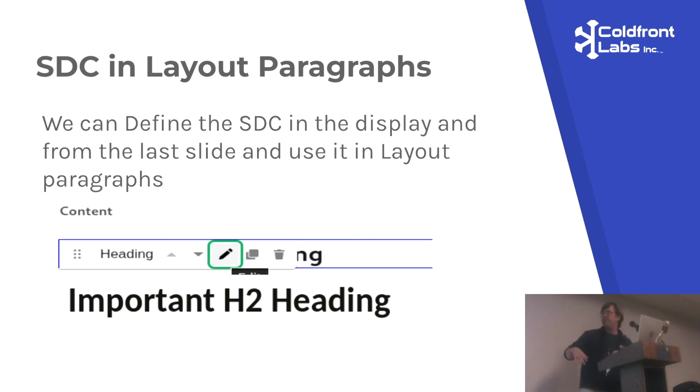When it gets rendered to the page as an H2, it'll just look like that on the page. So when I have layout paragraphs and I'm putting in my paragraphs, I can just have them be defined. That paragraph type will always look like this, based on how I have it set. So whenever we're seeing heading in layout paragraphs, it's really rendering what the single directory component was from Layout Builder.